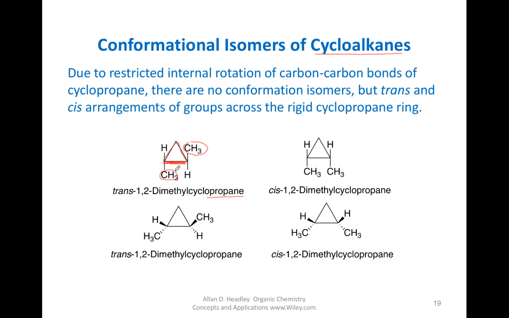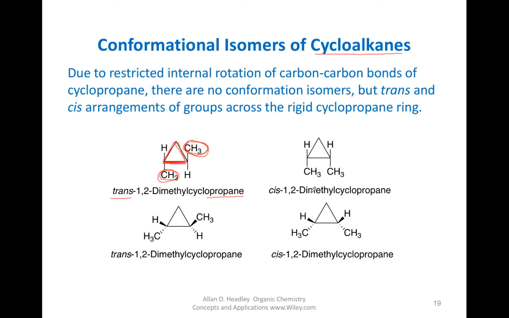So because it's fixed, we do not have conformational isomers of cyclic structures, because you cannot rotate it 180 degrees or 360 degrees. They're fixed. So what we call this here is trans, because this group is on the opposite side of that ring compared to that group. Trans, across from the plane of this cyclopropane ring.